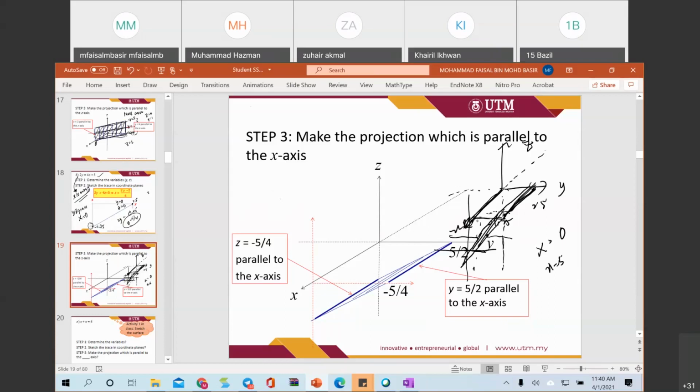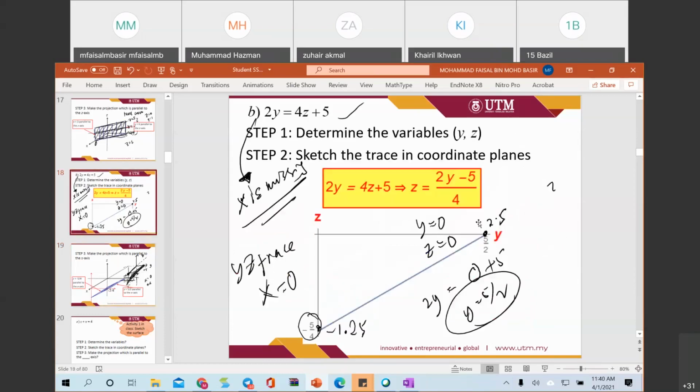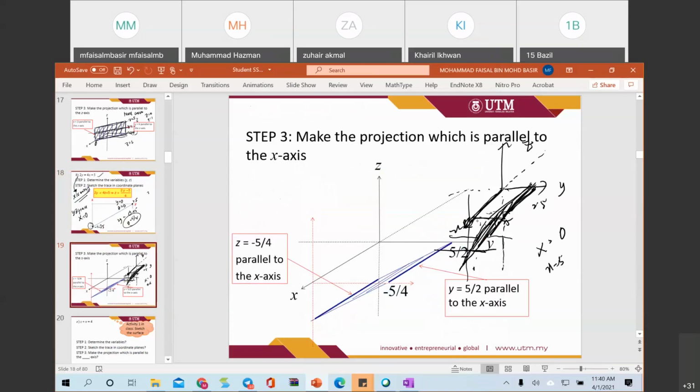You can see it, this is the surface for 2y equals 4z plus 1. Okay.